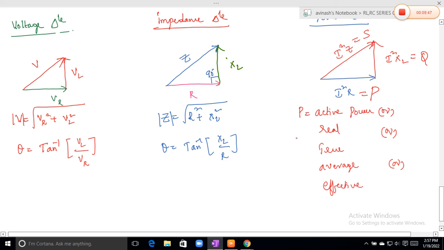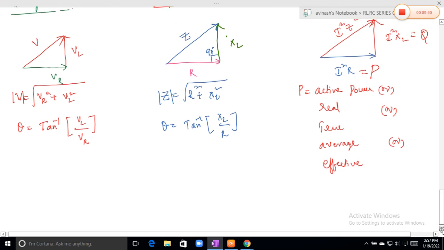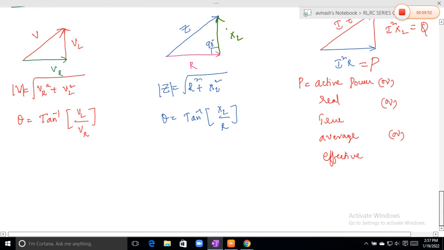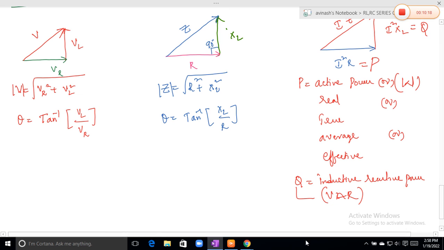In the same way, what do you mean by Q? Q is nothing but the inductive reactive power. The unit of inductive reactive power is VAR, while the unit of active power is simply watts.